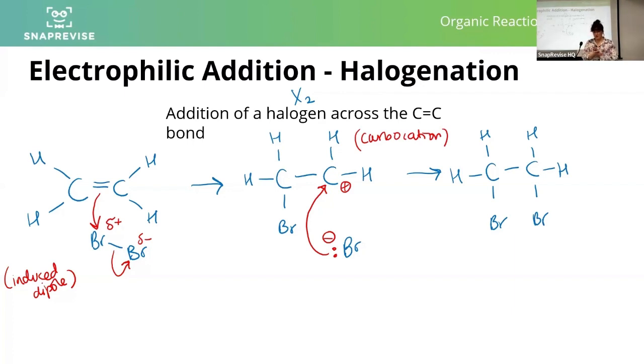The carbocation would have been identical. I just would have been drawing it from the back instead of from the front. They are identical. It doesn't matter because my alkene is symmetrical. Those carbons are identical, and therefore it doesn't matter which one the first bromine goes on. The second one will always produce the same product.